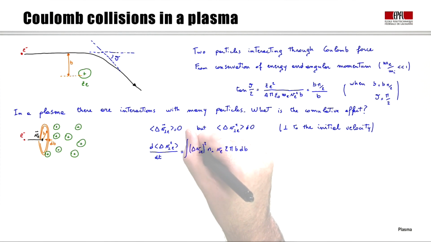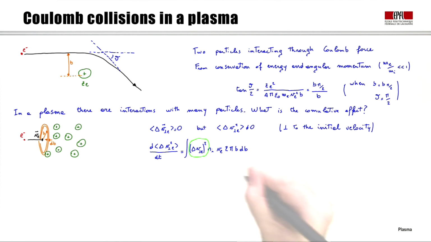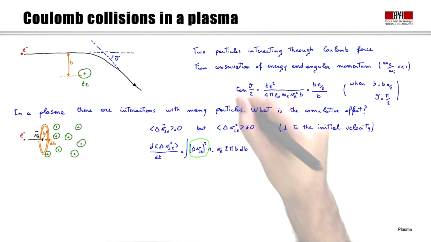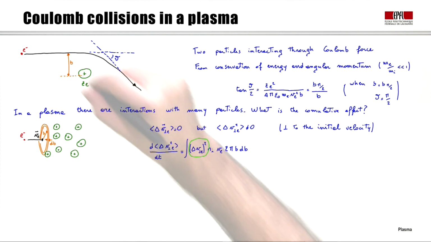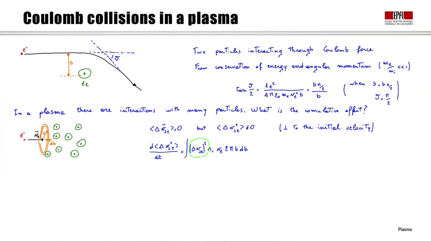Now, to make some progress, let me point out that this quantity can be expressed by knowing the deviation due to the Coulomb force. In fact, delta v perpendicular e is equal to ve sine theta, all squared.